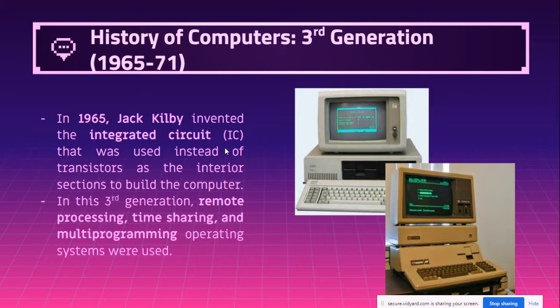In the third generation as well, remote processing, time sharing, and multi-programming operating systems were already used. So it's becoming more complex and more advanced as the generations of these computers advance as well.